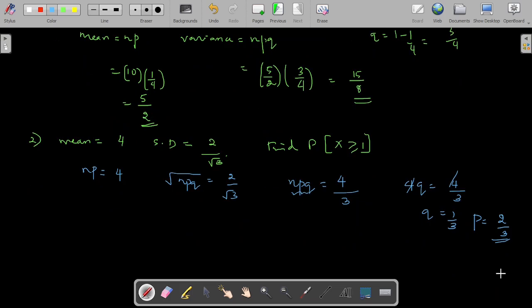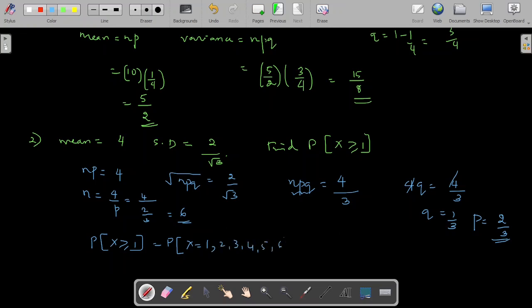So now we want P of X greater than or equal to 1. We got all these values. N I need: n is 4 by p, that is 4 by 2 by 3, so 3 goes to the numerator, 2 ones are 2, 2 twos are 6. N equal to 6. Probability of X greater than or equal to 1 means X is 1, 2, 3, 4, 5, 6.